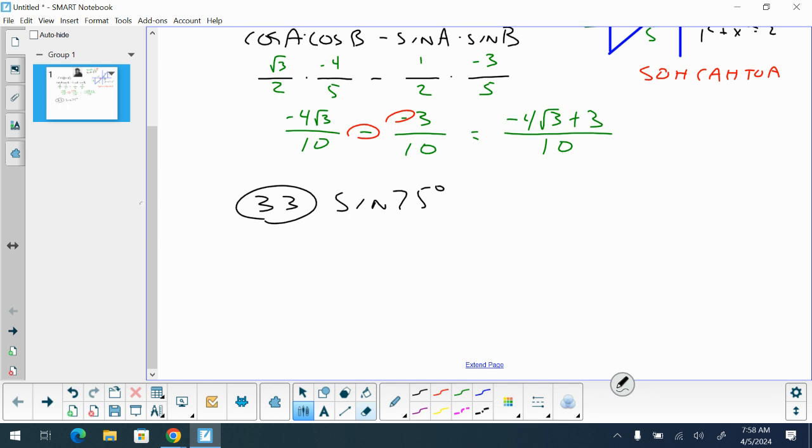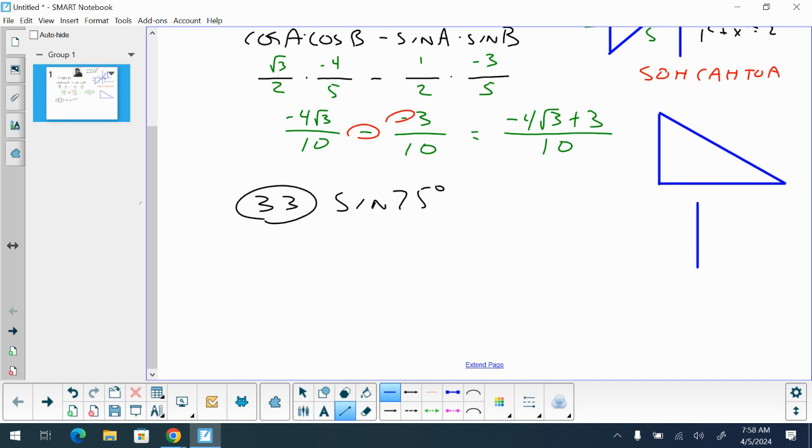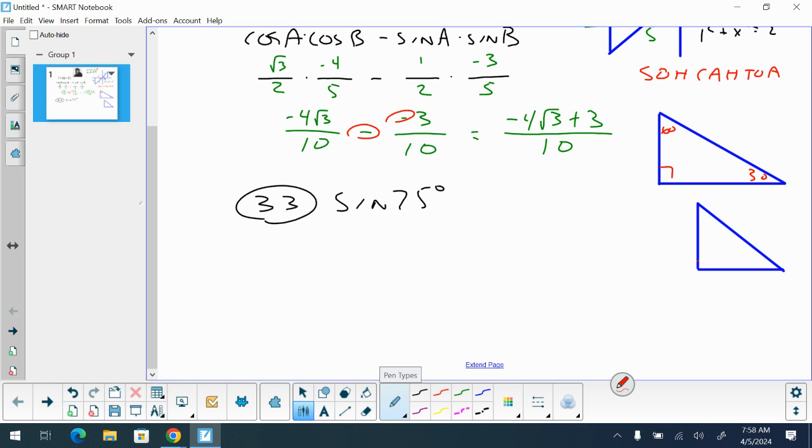You have 2 triangles that you can find exact values for. One's a 30-60, one is a 45-45. We have 30-60, 45-45.